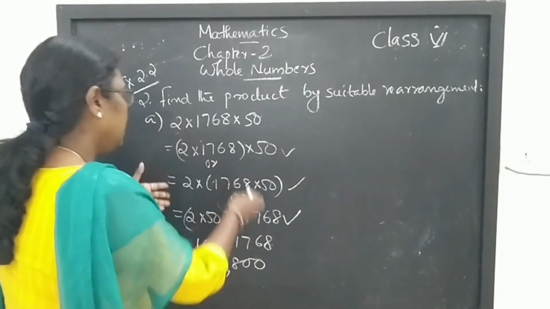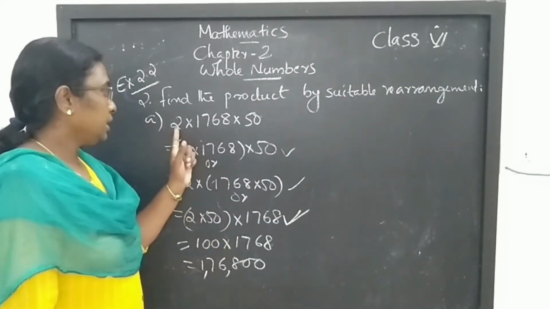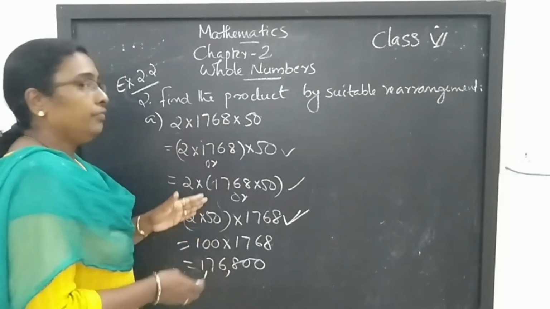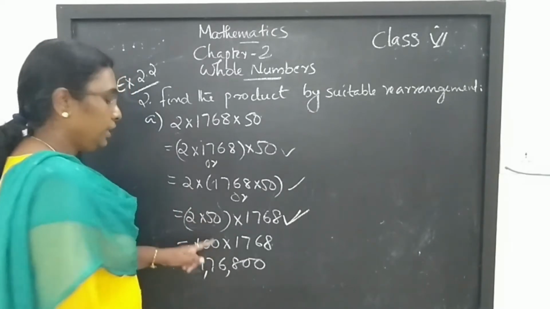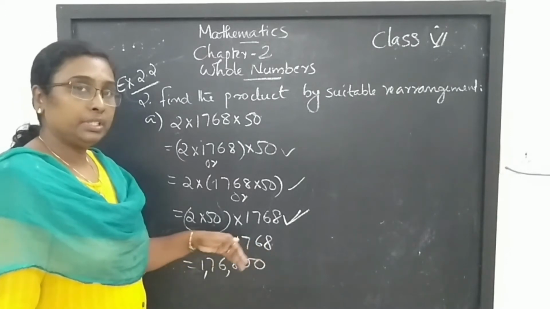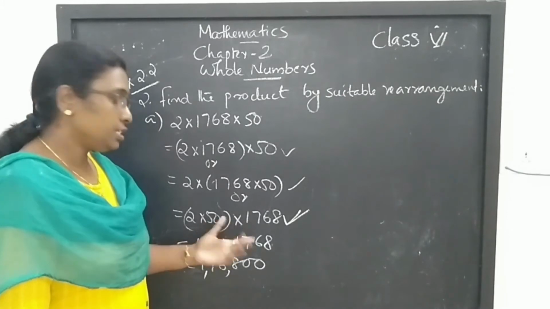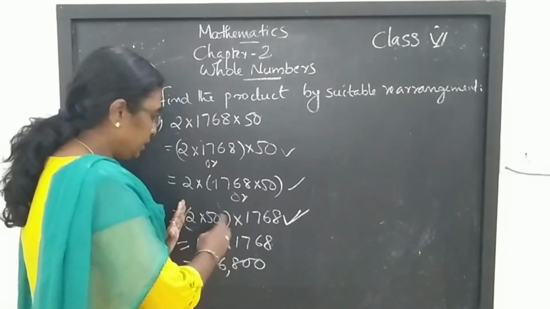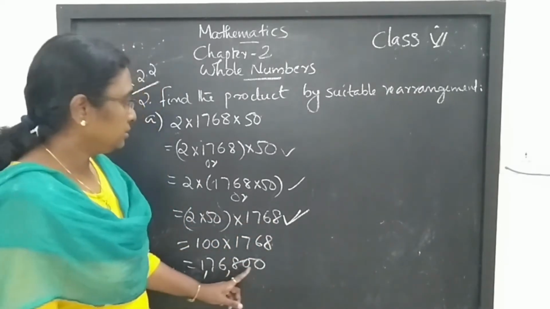Among these, one is easy because the 2 numbers here, 2 and 50, if we group them together, we get the product as a multiple of 10. That is 2 into 50 equal to 100. If we multiply any number with 10 or 100 or a multiple of 10 or 100, it is easy for multiplication. So, for convenience, we take these 2 numbers together, 2 into 50 into 1768, and we get this answer.